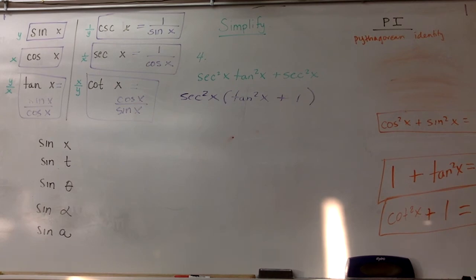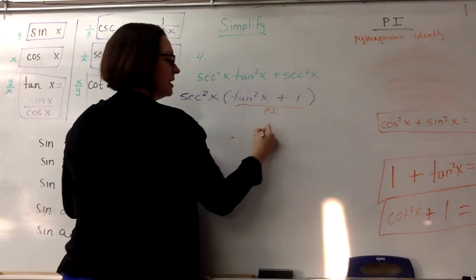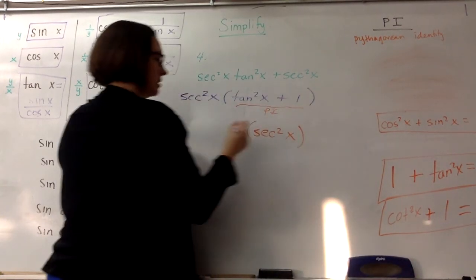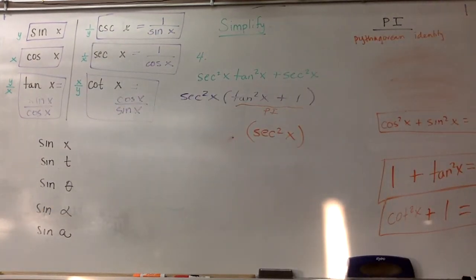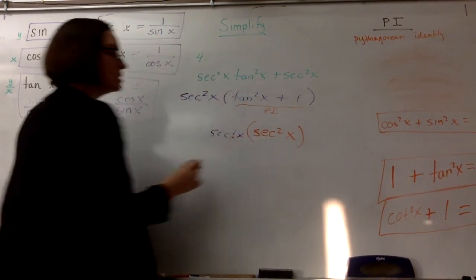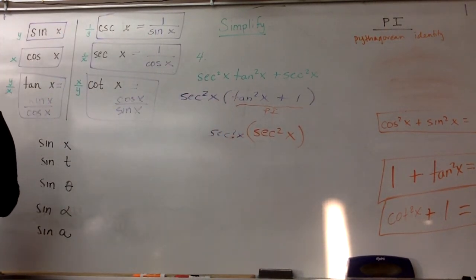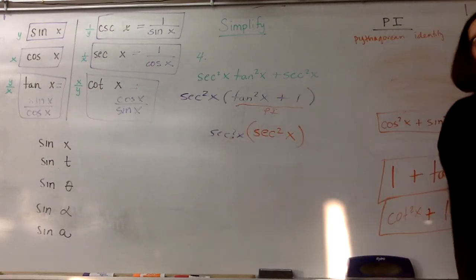So take a look. This here is my Pythagorean identity that I'm going to replace with secant squared x. But I still have on the outside the original secant squared x. That didn't change. So what is secant squared times secant squared? Secant to the 4th.